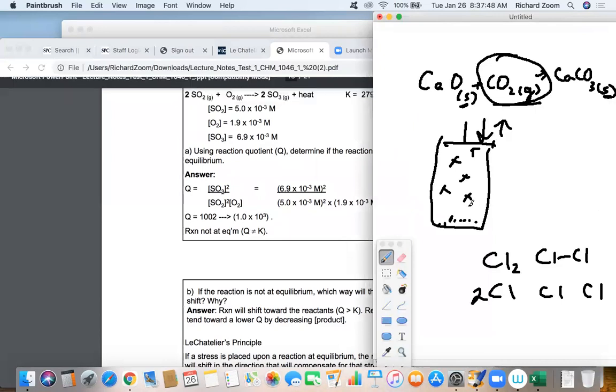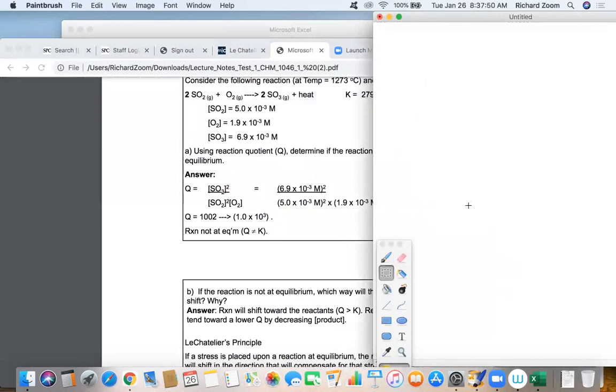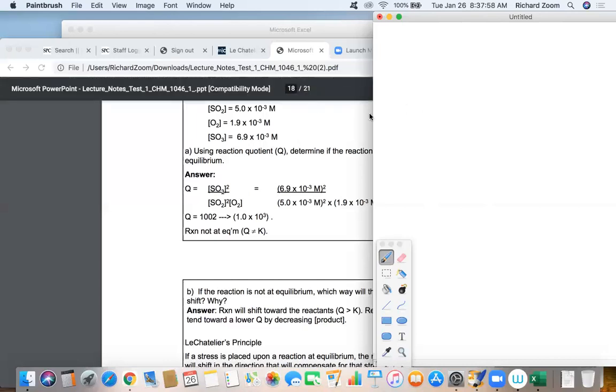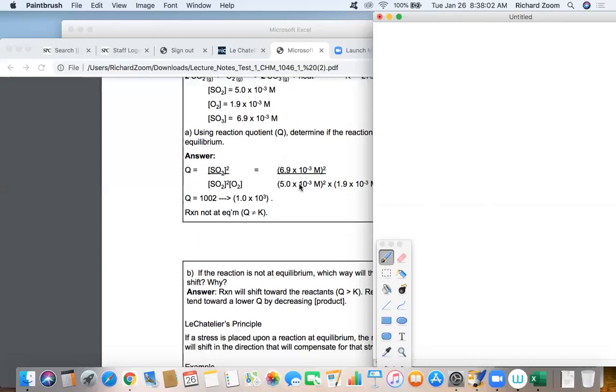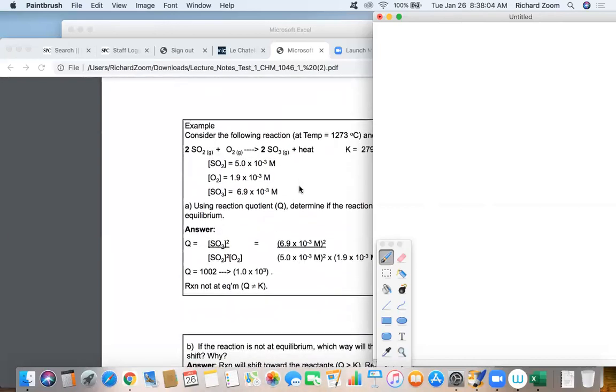Okay. The next one has to do with changes in temperature. So I'm going to give you two examples here for changing temperature. And also we can talk about where the heat is on the reaction.